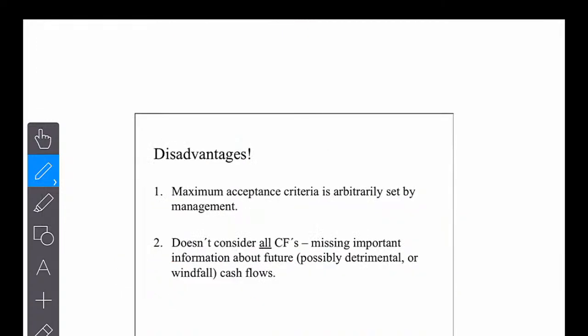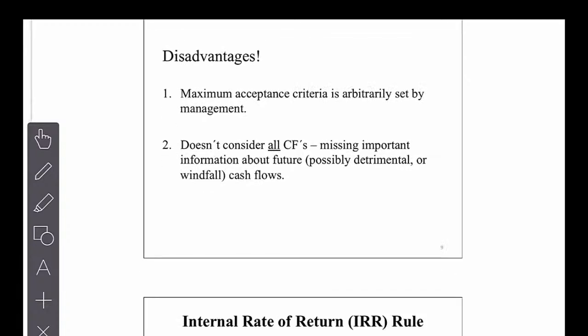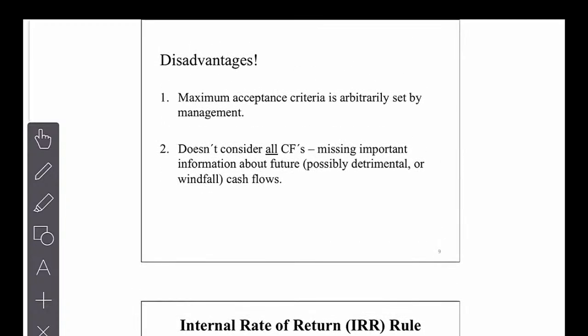So a disadvantage of using the discounted payback period would be the maximum acceptance criteria, like the 2-year cutoff or 3-year cutoff. That's arbitrary in that somebody higher up is deciding it, but does that make it the best? How could you make a statement against that?